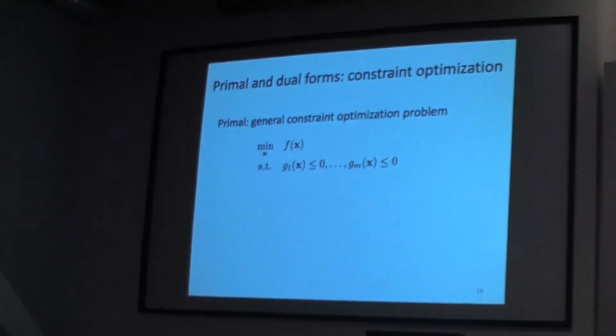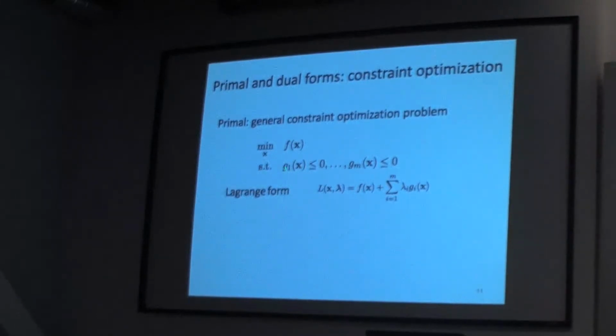Now we're going to go through a more general case. Suppose our constraints are represented by inequalities rather than equalities. Similarly, we can construct a Lagrange function. The Lagrange function is a function of x and a set of Lagrange multipliers, lambda.